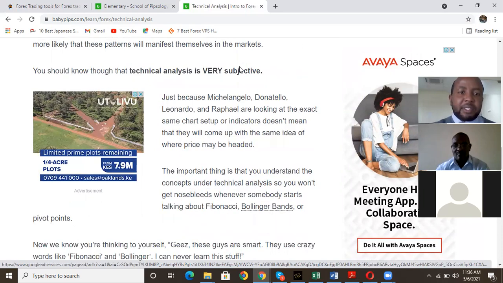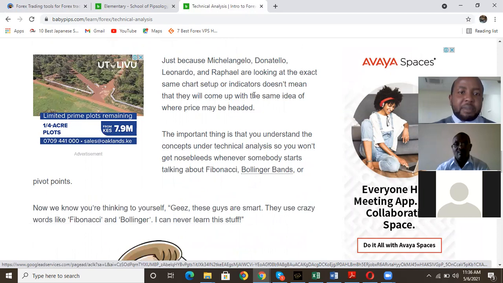So you should know that technical analysis is subjective. You might be looking at this and someone else is looking at this, and they are usually not the same. For me, the idea is as long as you are able to come up with a good analysis depending on yourself. The important thing is that you understand the concept under technical analysis so you won't get a nosebleed.